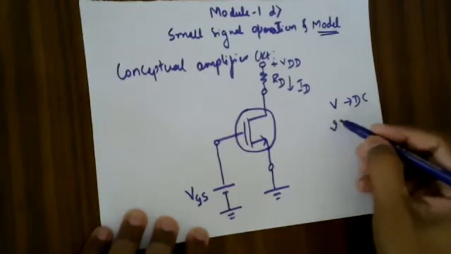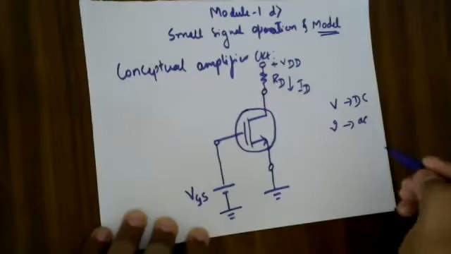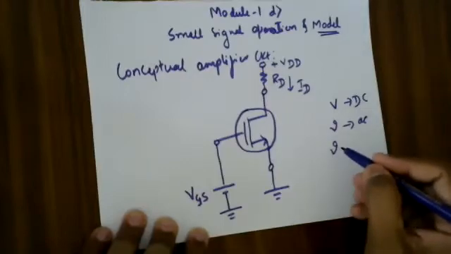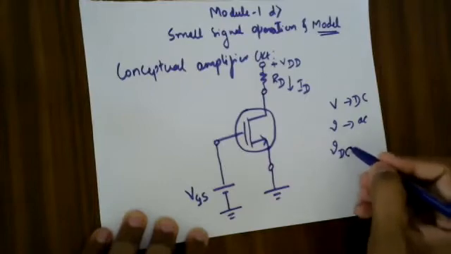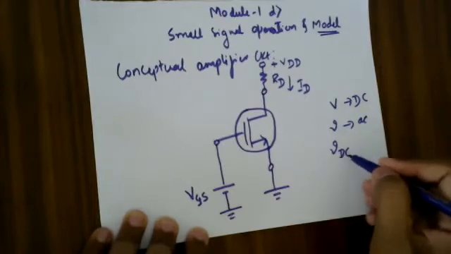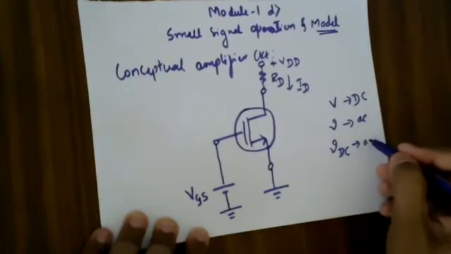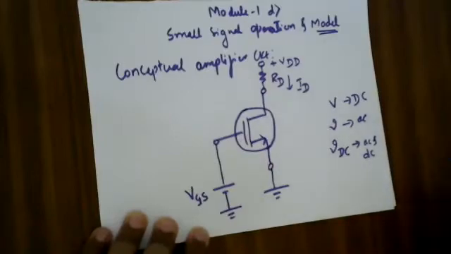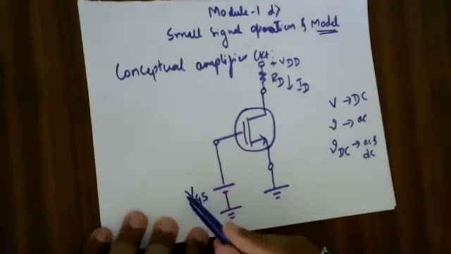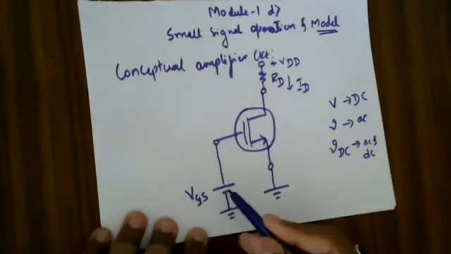If I write a small v, this indicates an AC term. If I write a small v with capital subscripts, it is a combination of AC and DC. If both the letter and the subscript are capital, it is a pure DC component.